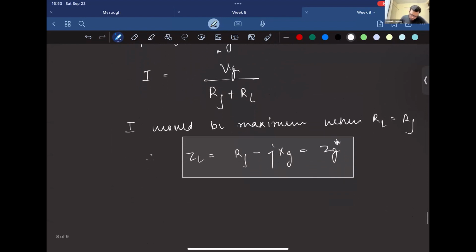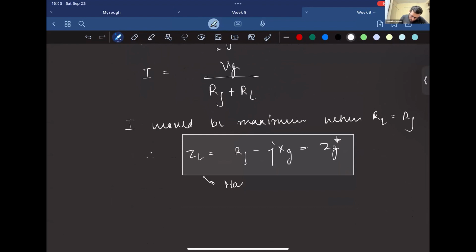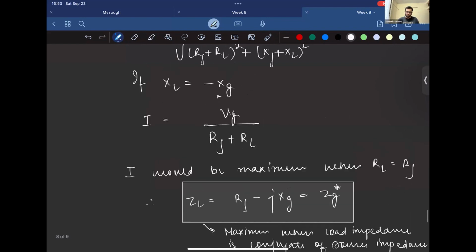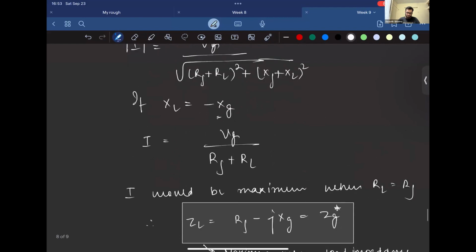That's what I wrote: maximum when load impedance is conjugate of source impedance. Any doubt?